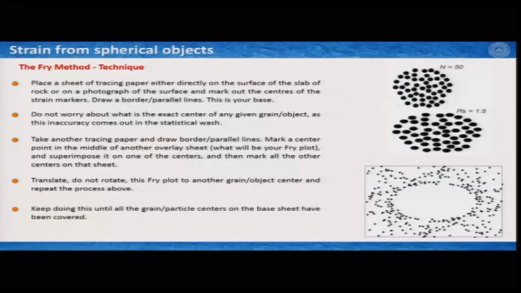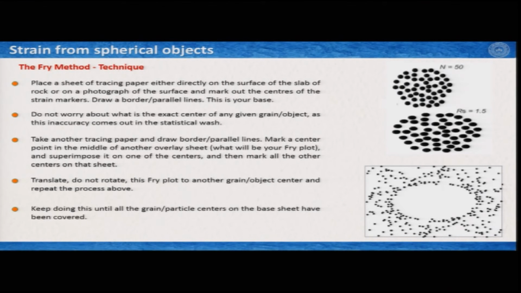You can get deformed conglomerates, you can get oolites or voids in thin sections, and many other features like reduction spots and so on. You can also use stretched or deformed grains. So, you can take an image and do the Fry analysis for measuring the strain.